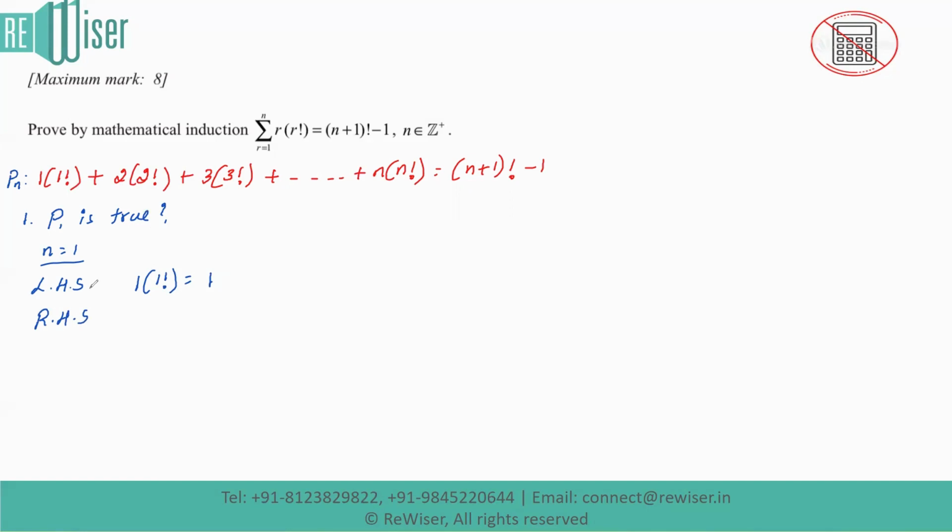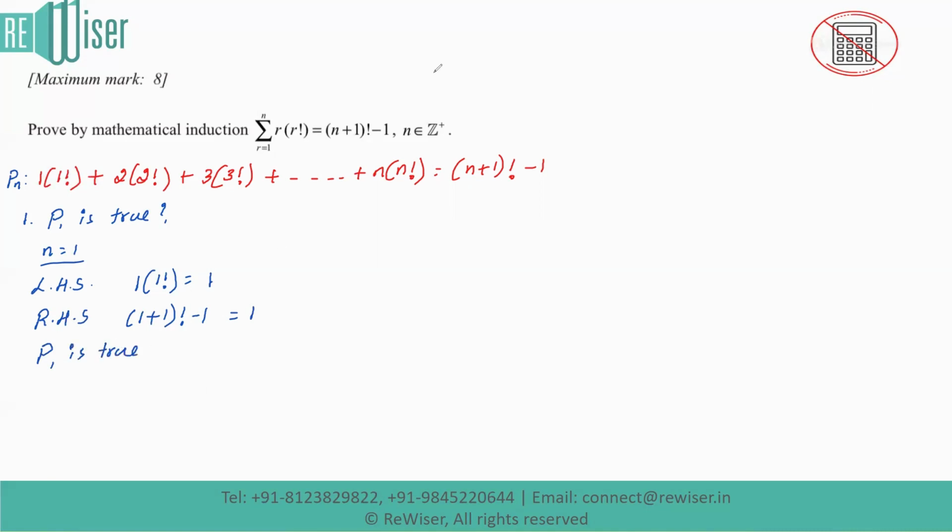There, if I replace n with 1, I'll get (1 plus 1) factorial minus 1. So (1 plus 1) factorial is nothing but 2 factorial, which is 2, and 2 minus 1 is going to be 1. So clearly I can see this LHS and RHS are the same. So that's why P of 1 is true.